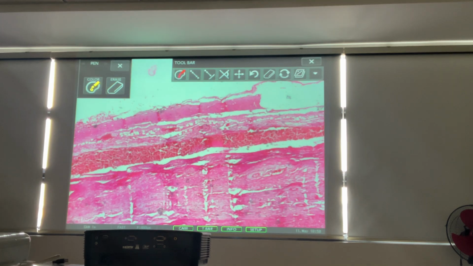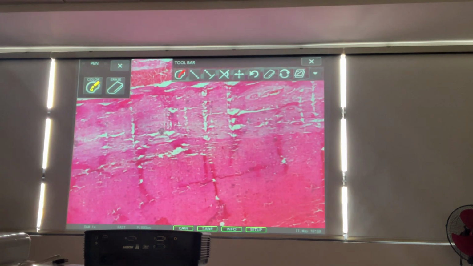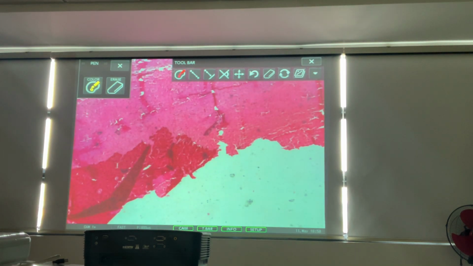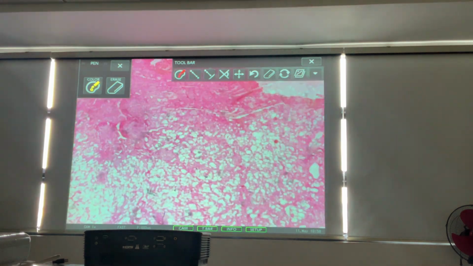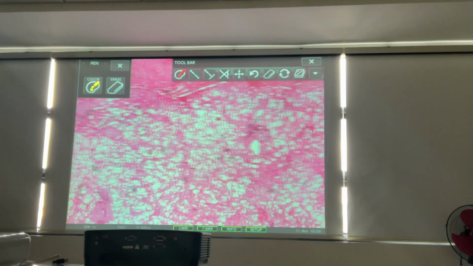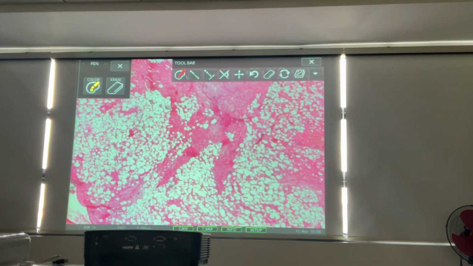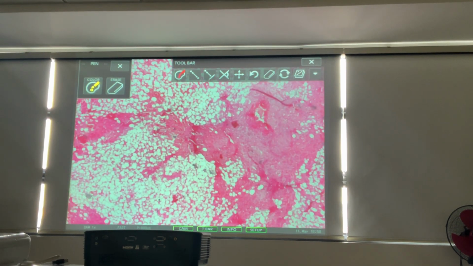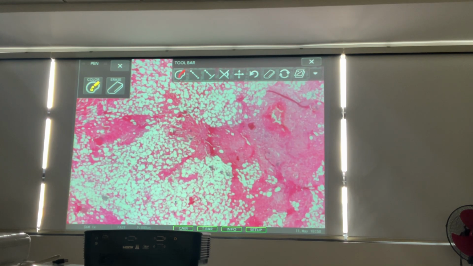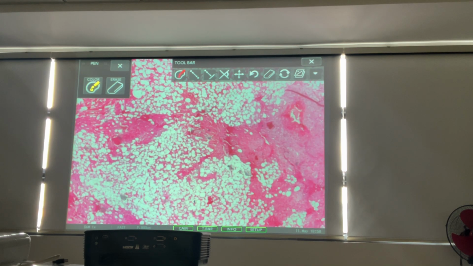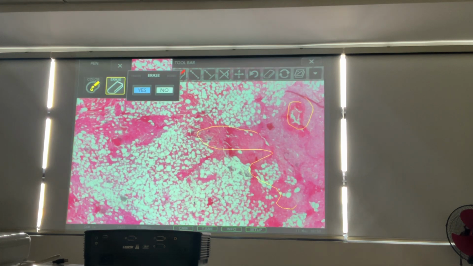So bleeding, hemorrhage could be a possible complication in this benign tumor, which is your angiolipoma or angiomyolipoma. So this one is very hard to miss, no? Quite impossible to miss this. You just see these white fat globules, then you can see this pink material, which is your smooth muscle cells and then blood vessels.